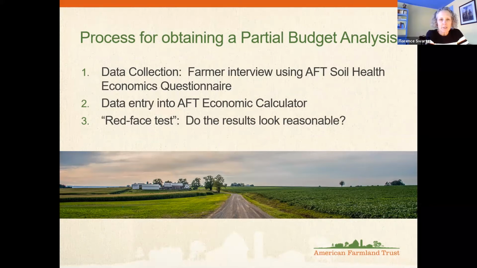This step is pretty time consuming because typically the values that come from the questionnaire may not make total sense for going into the calculator. It may involve going back and listening to the interview recording to figure out exactly what the farmer meant by something, and making sure that everything flows and makes sense to go into the calculator.